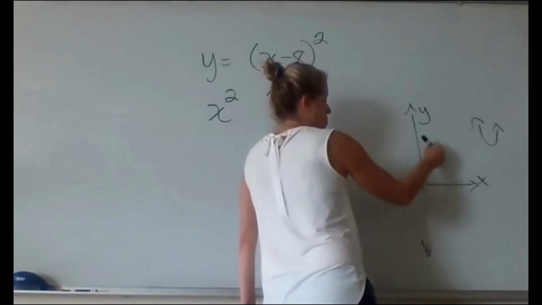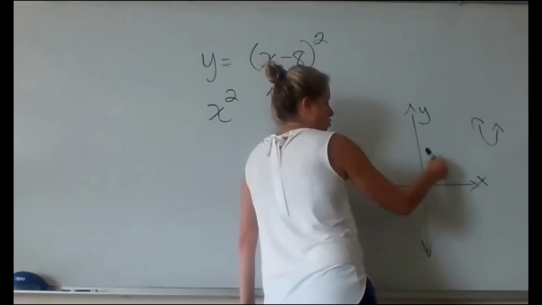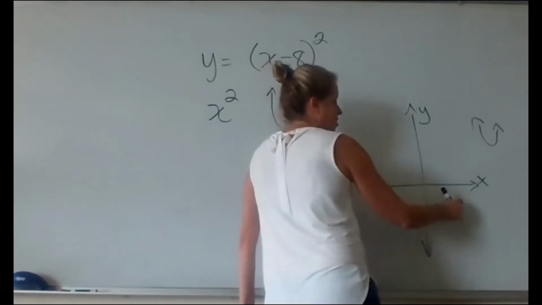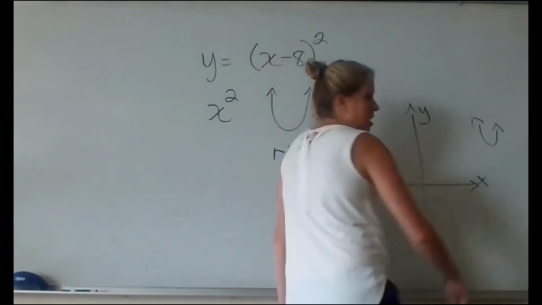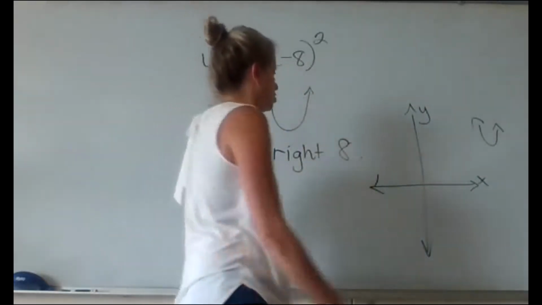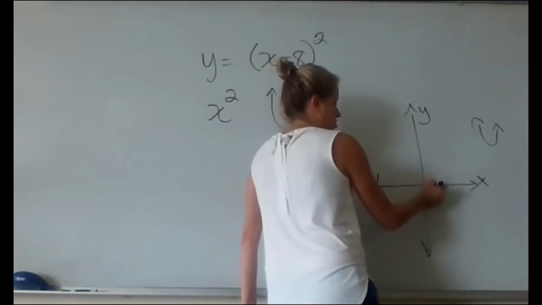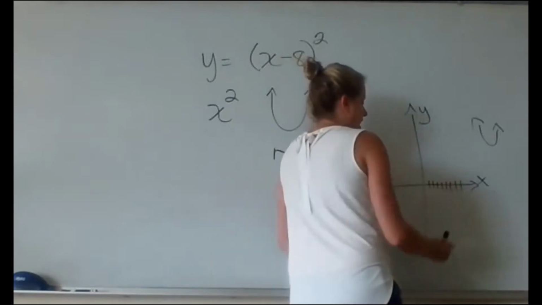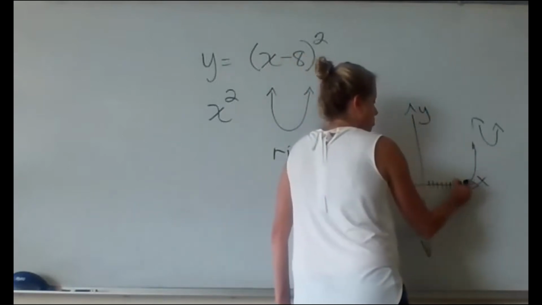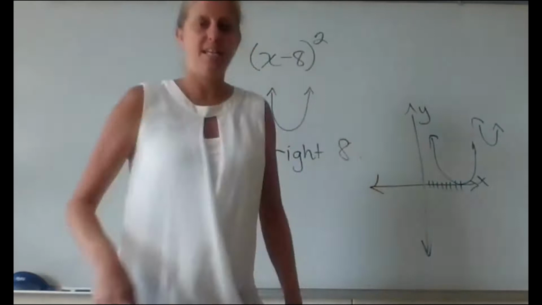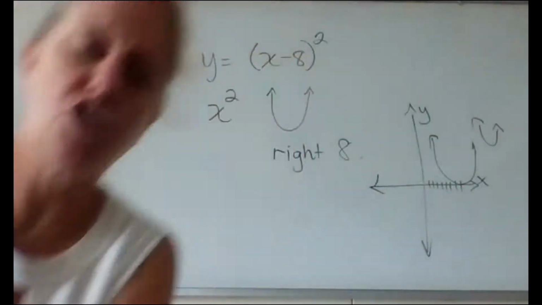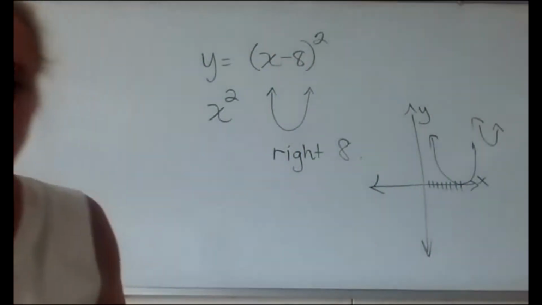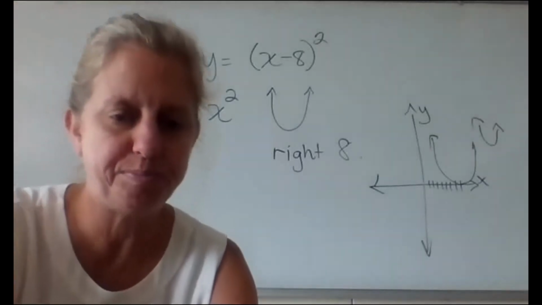It's going to make a parabola centered right there at the origin. Then there are instructions down here on how to shift, and I want to shift it to the right 8. So 1, 2, 3, 4, 5, 6, 7, 8, which will move your parabola to the right 8. Now, I'm going to share my screen real quick just to show you how you're going to do that.